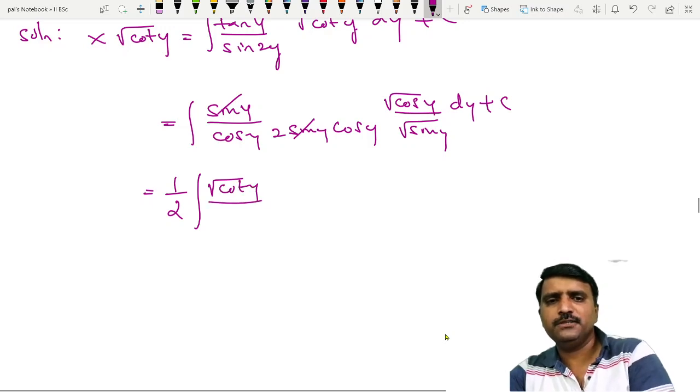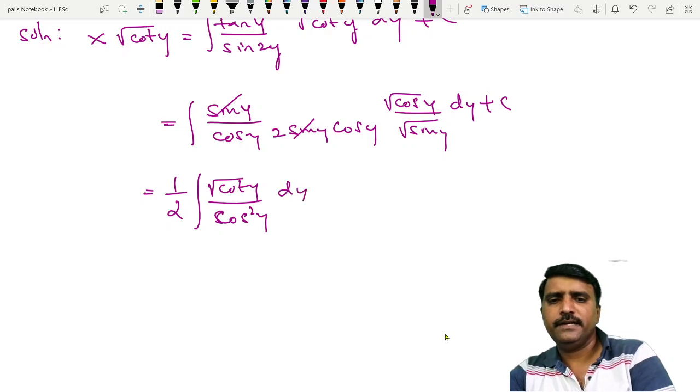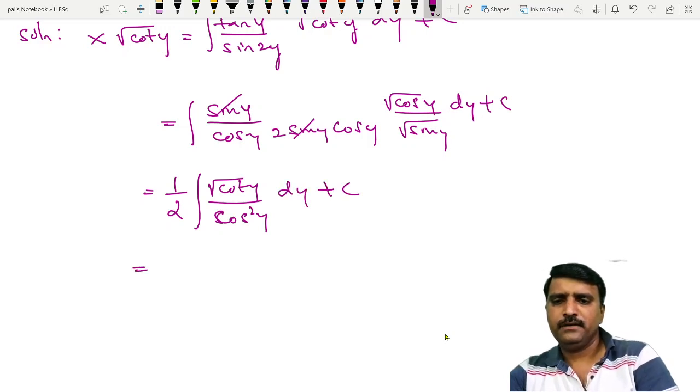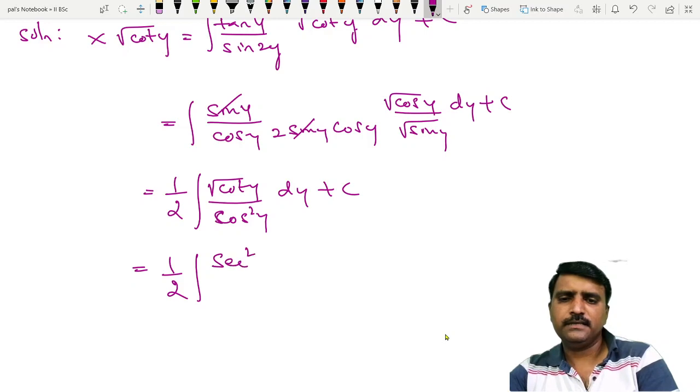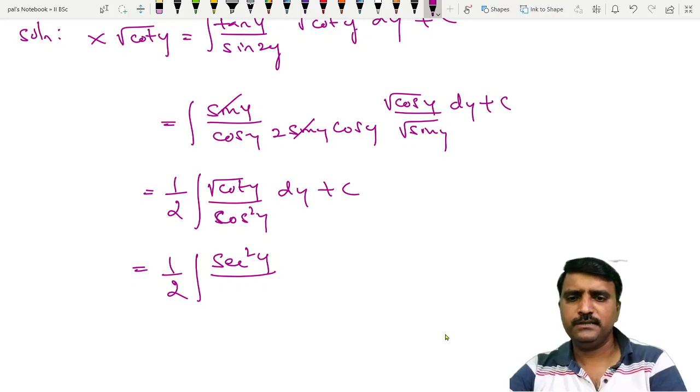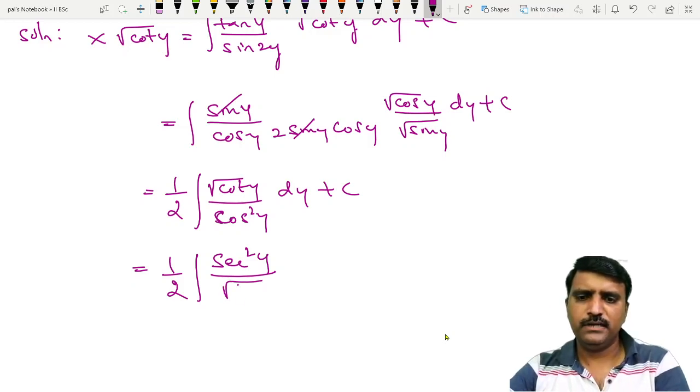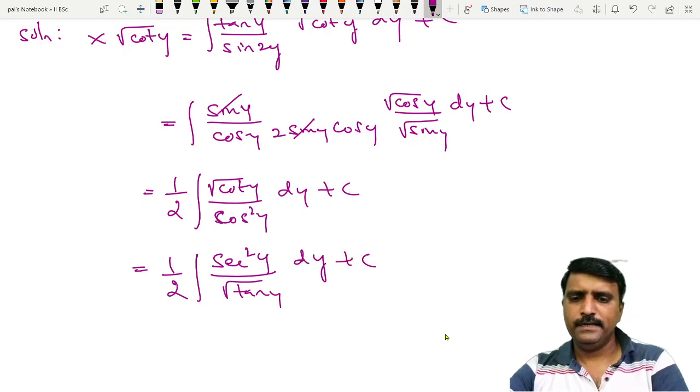Instead of writing it here, just keep it, no problem. Root cot y, cos y into cos y becomes cos square y into dy plus c, which is equal to 1 by 2 into the integration of cos square y. Taking cos square y in the numerator, it becomes secant square y, and taking root cot y in the denominator, it becomes root tan y, into dy plus c. Here, put tan y is equal to t.